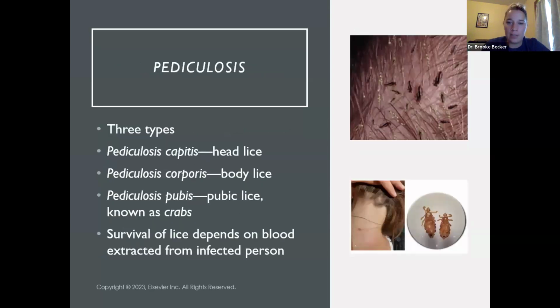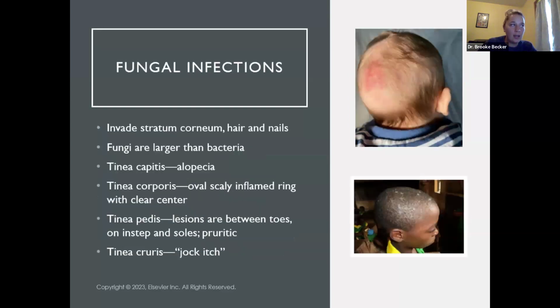Head lice, this always makes my head itch when we talk about head lice, no matter what. There's different forms of head lice. Pediculosis is the name for head lice, and then it's based on if it's head lice, pubic lice, body lice. Okay. So pediculosis capitis is the head lice. Pediculosis corporis is body lice. Okay. So corporis on your body, just like tinea corporis is on the body.